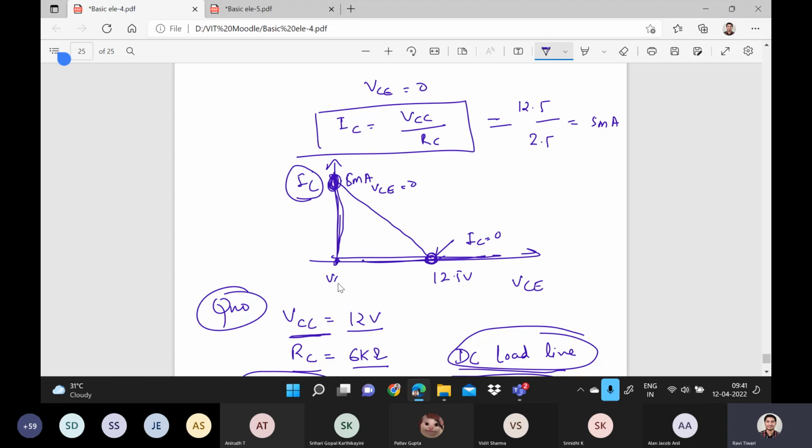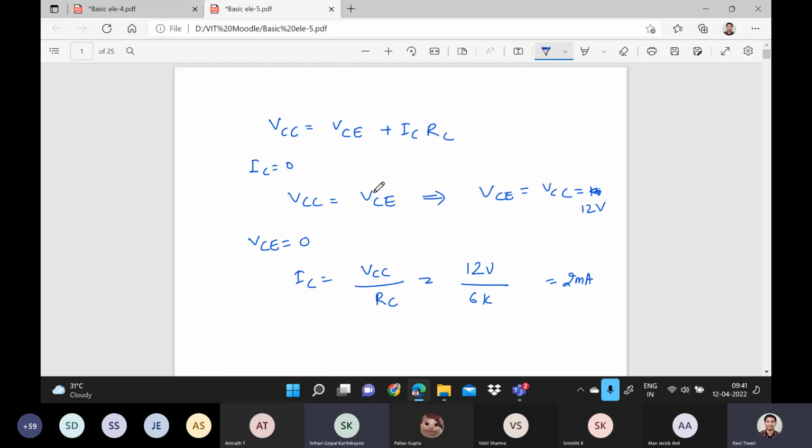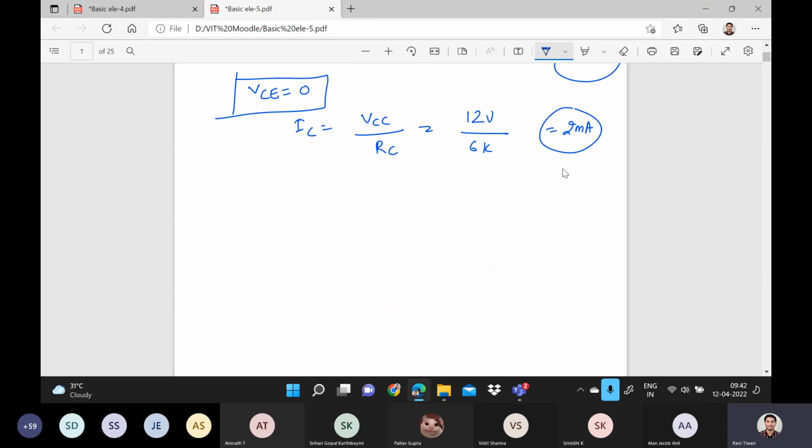When your VCE is equals to 0, you will get this point. And when your IC is equals to 0, you will get this point. For this, we are finding because we want these 2 points. Then only you connect and find out the DC load line. So for finding out those points, we are assuming that IC and VCE are 0 so that we can get these values.